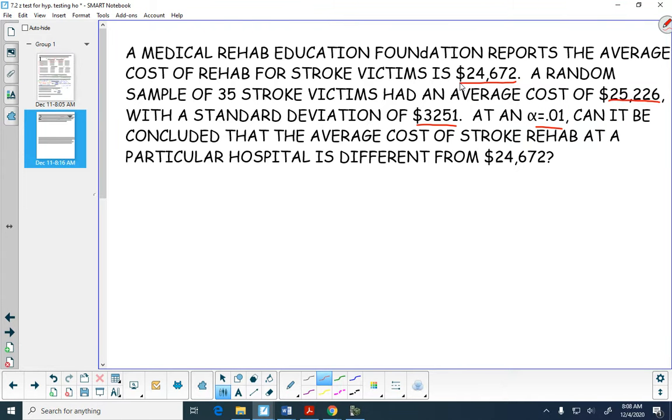Alpha value 0.01. We want to see if it's different than the 24,672. Okay, the key word there is different from the 24,672.